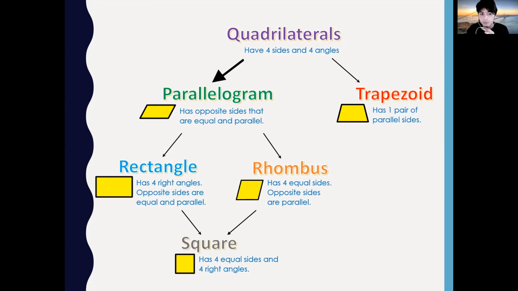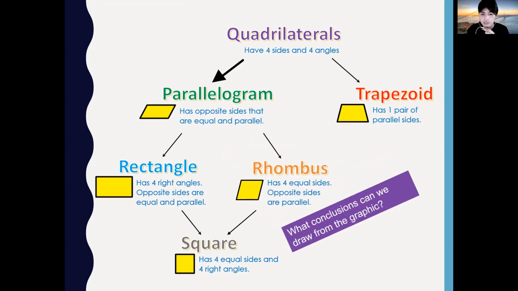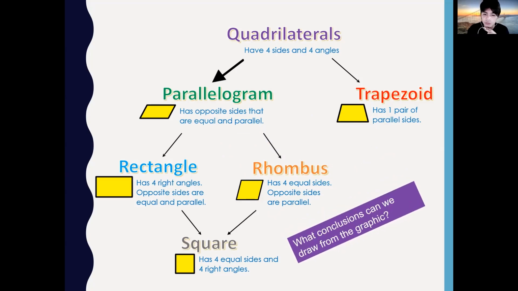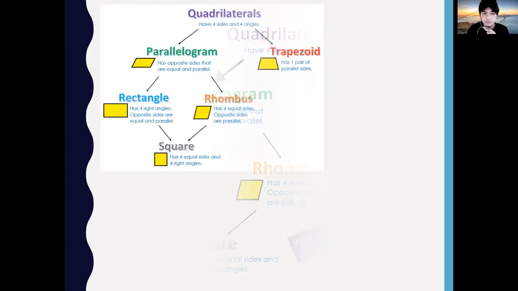Under that, we have a rectangle, which has four right angles and opposite sides that are equal and parallel. And the rhombus has four equal sides and opposite sides are parallel. Then under rectangle and rhombus, we have a square, which has four equal sides and four right angles. So what conclusion can we draw from the graphic?